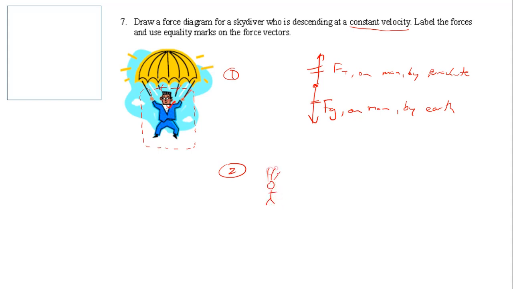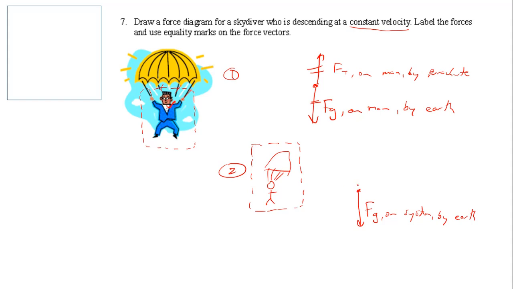The second way I'm going to do it, here's the man, here's the parachute, I'm going to do the whole system, both the man and the parachute as my system. In that case, gravity on system by Earth. I could have called it man and parachute, but I'm just going to call it system because it's shorter. This will be slightly bigger than this one because now gravity's acting on the man and the parachute.